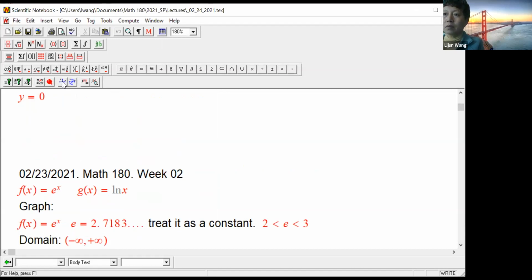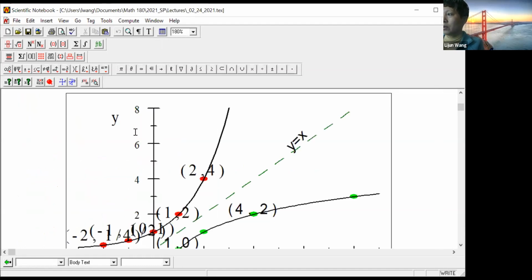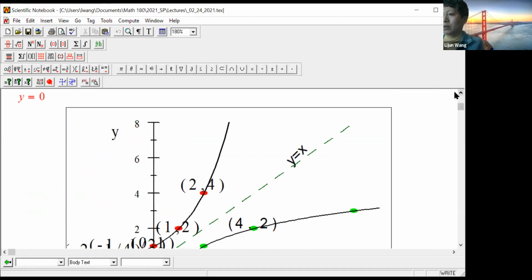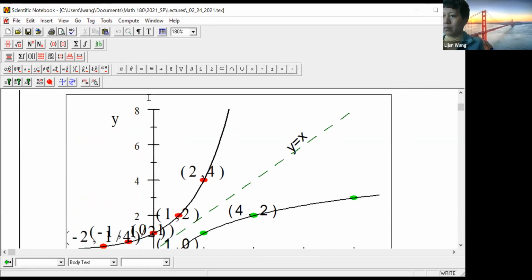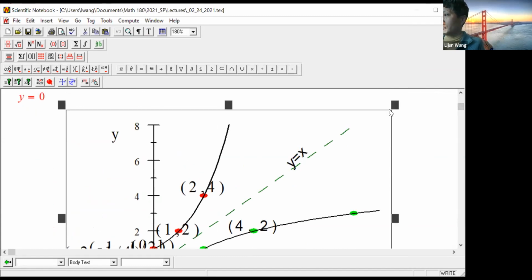Okay. It's actually even better. We can compare these two.